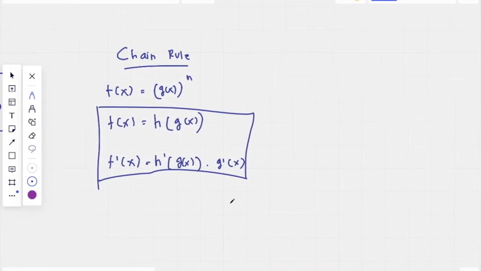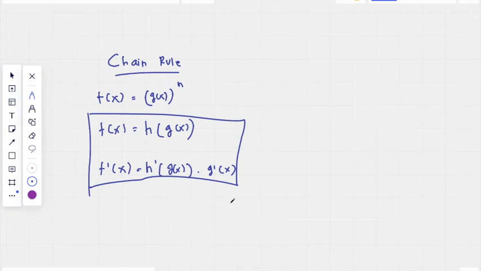So this is the rule of the chain rule. The chain rule is used when you have a function inside a function. For example, I have a function f(x) equals 3x minus 5 to the power of 4. Suppose this is g(x), and then h(x) is the function to the power of 4. So first, just differentiate this one.